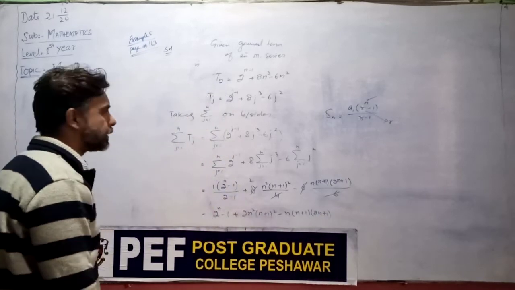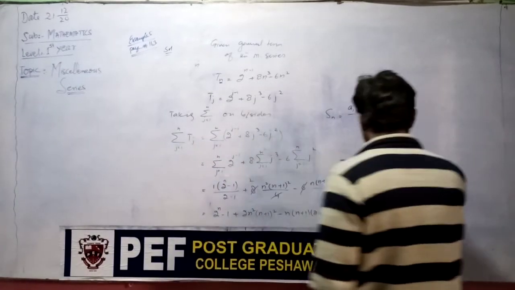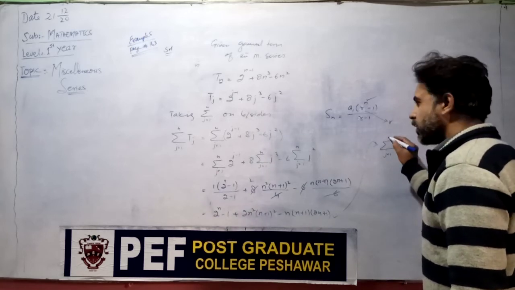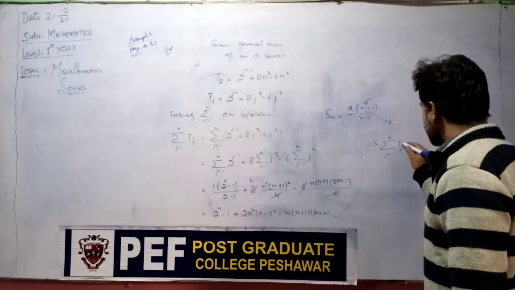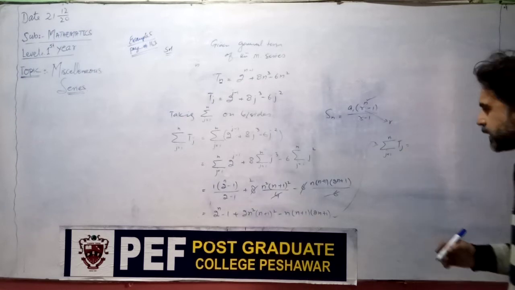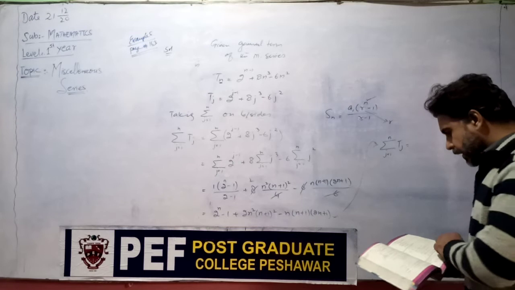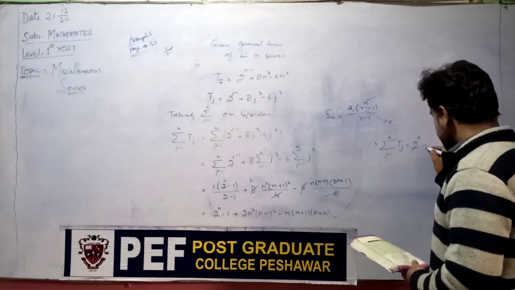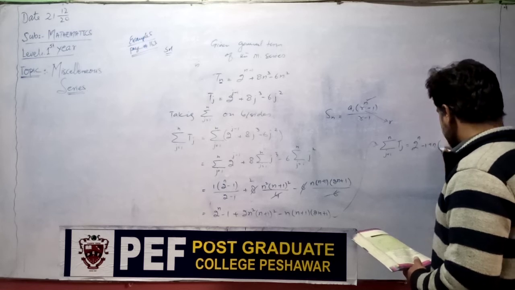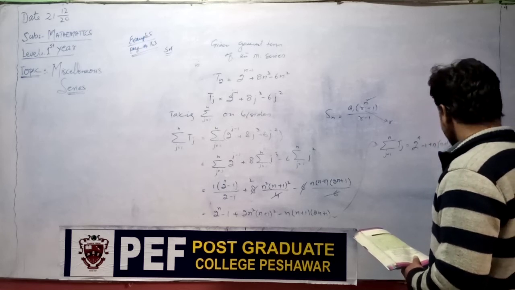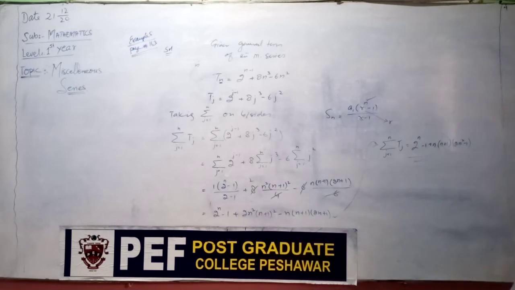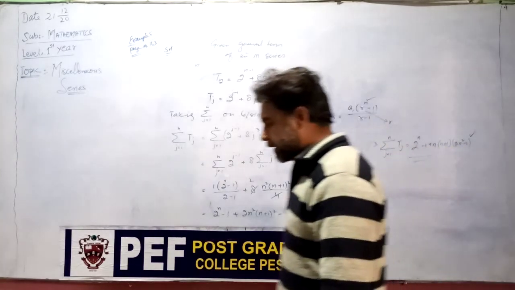On simplification, you will see that lastly you get the total sum of the n terms of this series, represented by the summation of Tj from j equals 1 to n, which is 2 power n minus 1 plus n times n plus 1 times 2n square minus 1. This is the formula for the summation of n terms of the given miscellaneous series.